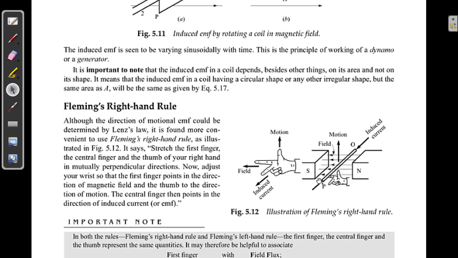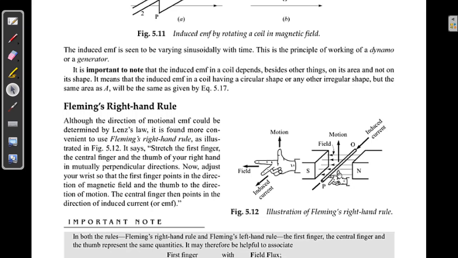And also we have a conductor like this, which is free to move in the upward direction in the uniform magnetic field.